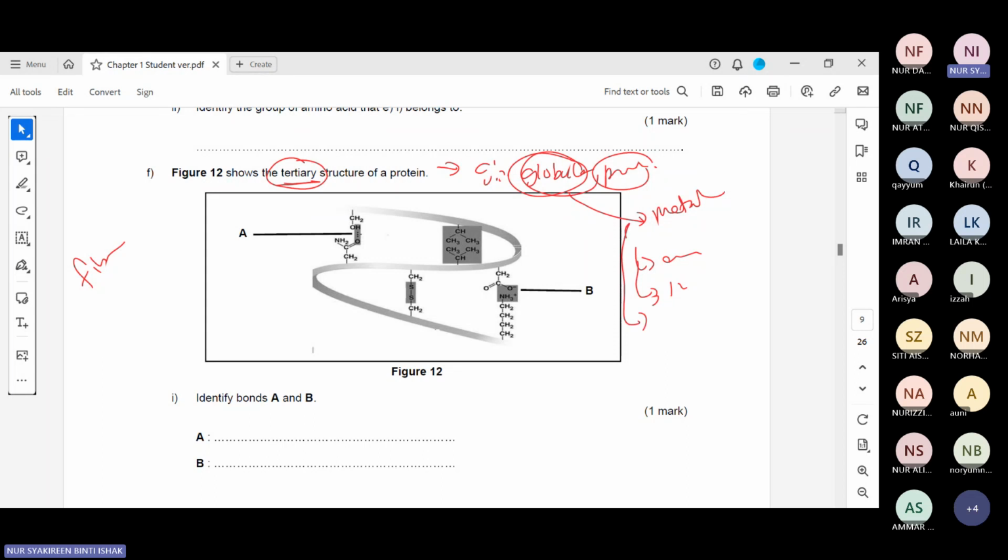Another example of globular protein is antibody. We also have hemoglobin. So globular proteins have metabolic function and can dissolve in water, and all globular proteins must have tertiary structure.